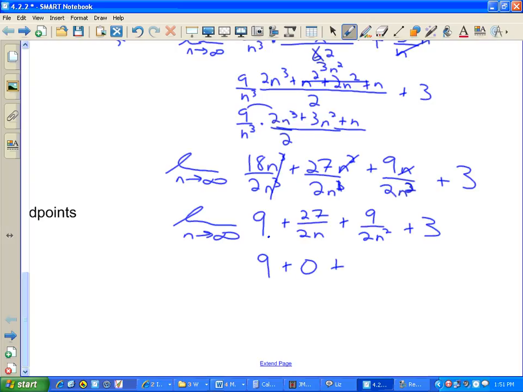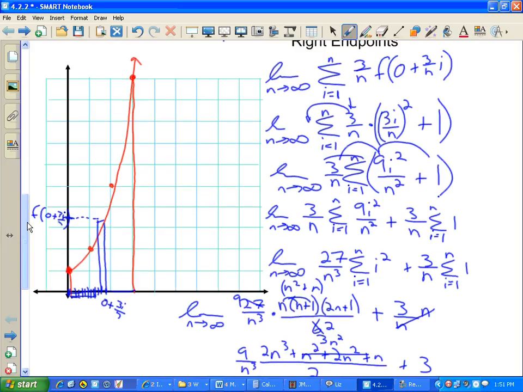Same with this term. I've got 9 divided by some huge number, which is basically 0. And I've got plus 3. So when I add these together, I get 12. And that is the area under the curve from 0 to 3. So if our units are inches, this would be 12 inches squared.